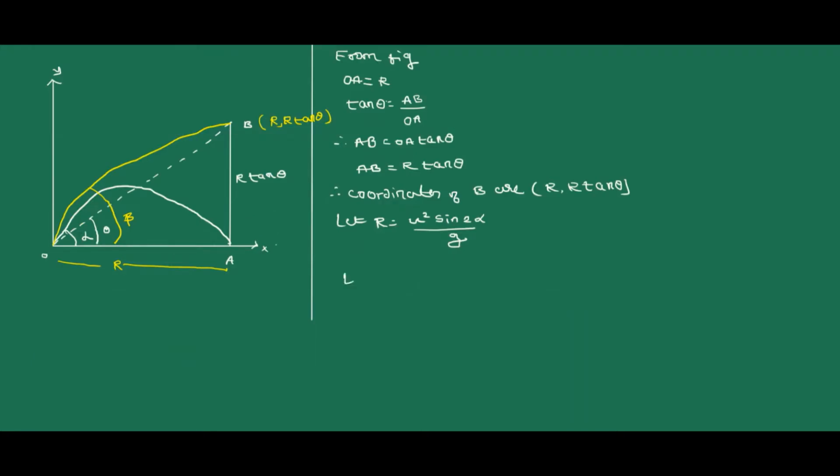Let beta be the required angle of projection to strike the top of the tower.